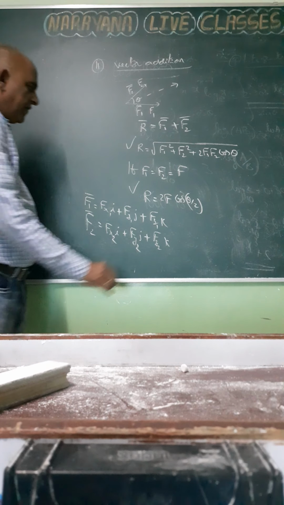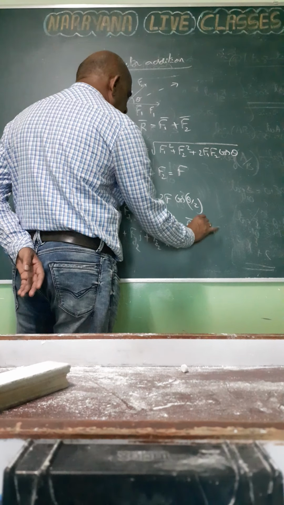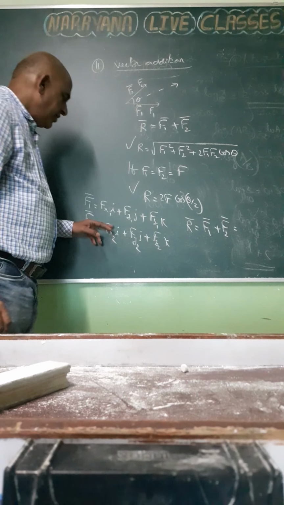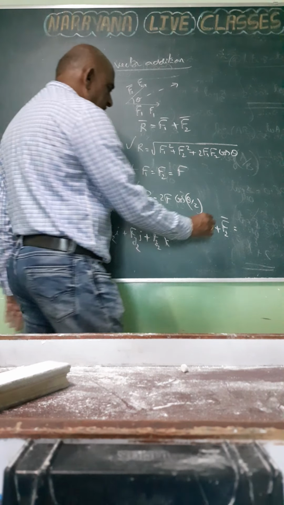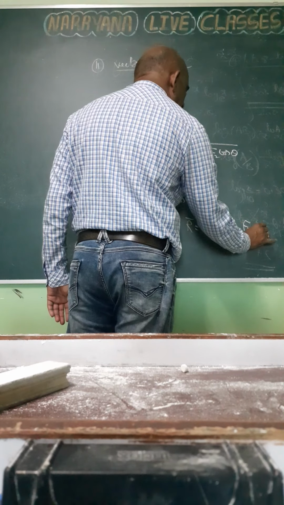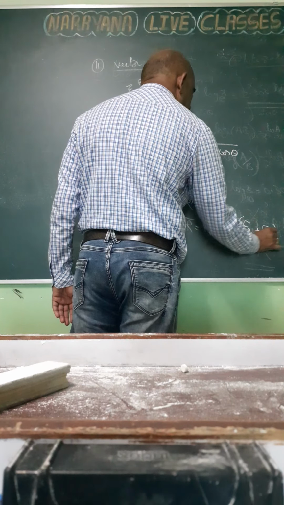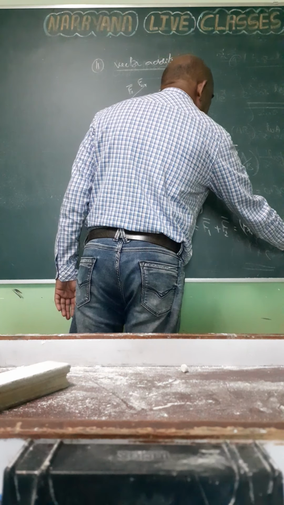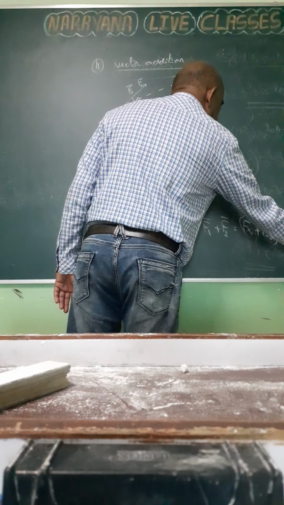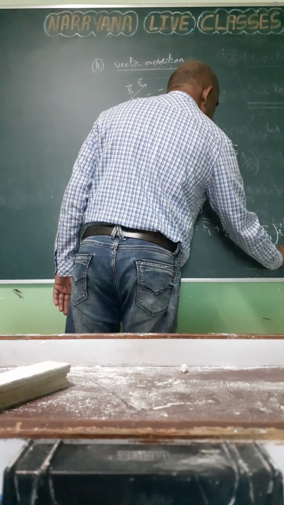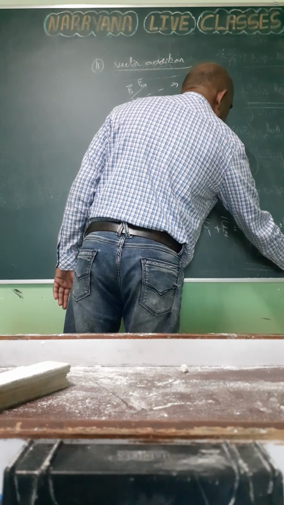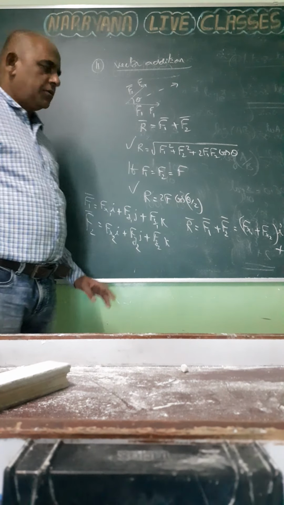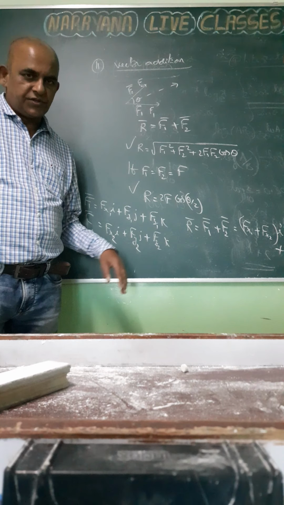Then for addition of vectors, R bar is equal to F1 bar plus F2 bar, we just have to add these two. So (Fx1 plus Fx2) i plus (Fy1 plus Fy2) j plus (Fz1 plus Fz2) k. So this is another method of addition of vectors.